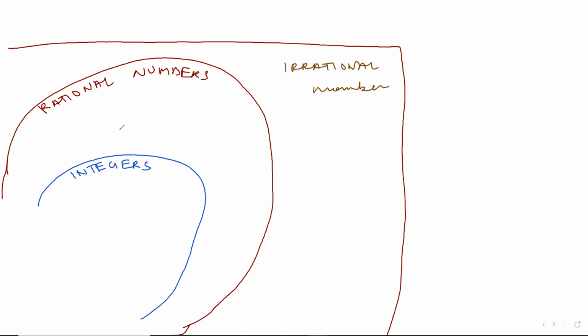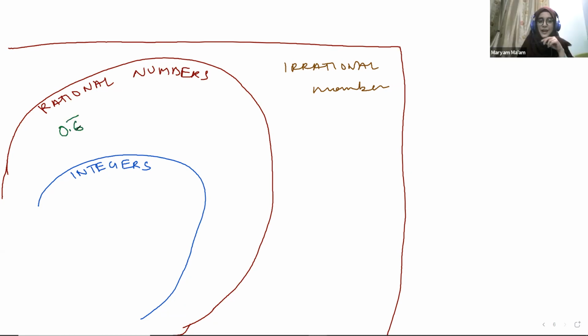You're not audible. Ma'am, 0.6 bar. Very good. 0.6 bar is rational, but it's not an integer. I'll write that later.